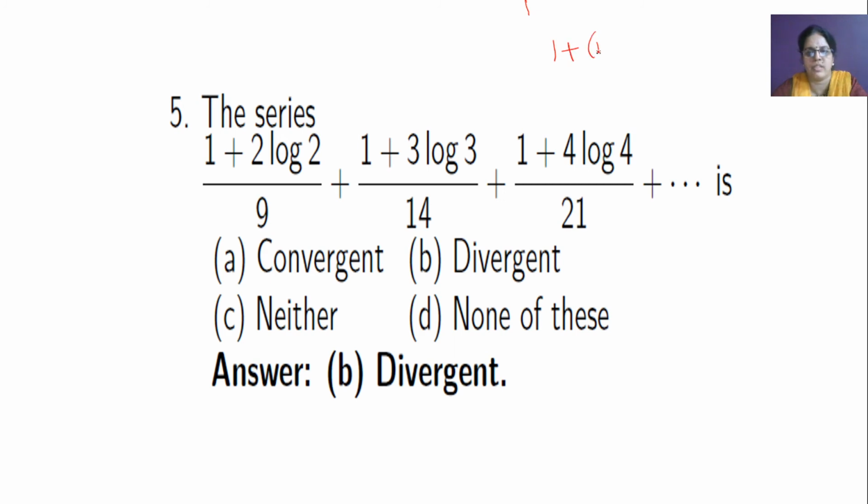So nth term is 1 plus n plus 1 into log of n plus 1 divided by 9, 4, 21, etc. It is divided by a particular number, and this is greater than 1 plus n into log n because it is in the numerator now, and n into log n diverges, so this also diverges.